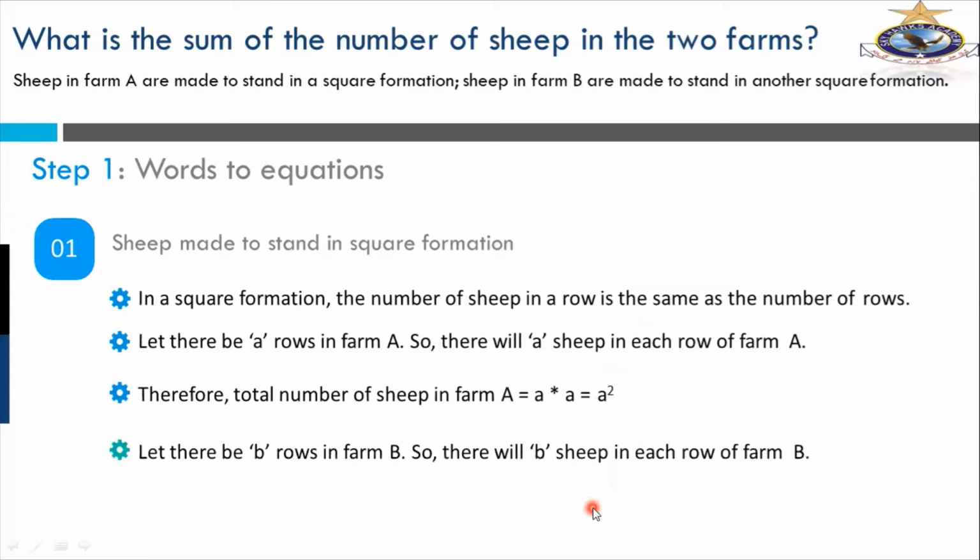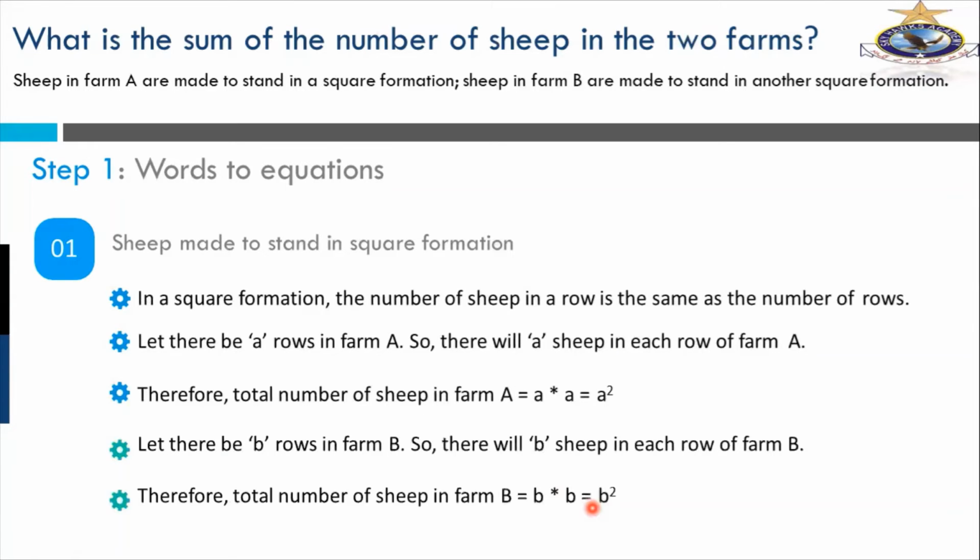So let there be b rows in farm B. There will be b sheep in each row of the farm. On the same lines, the same condition was given for both the farms. So we have two things here: the number of sheep in farm A, and for B, just similarly, b square is the number of sheep in farm B. We are transforming this information into mathematical form.